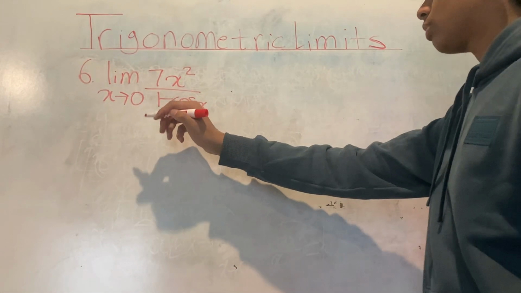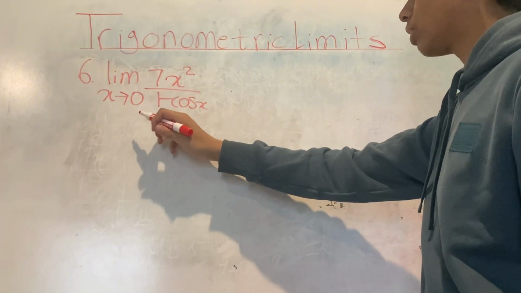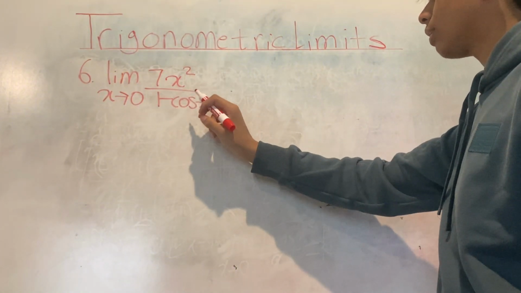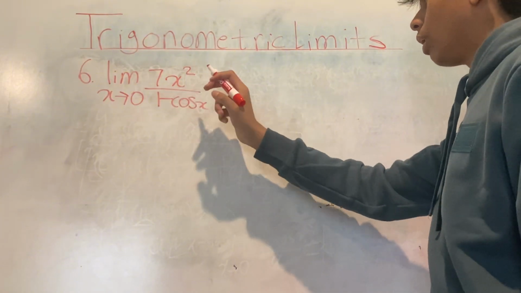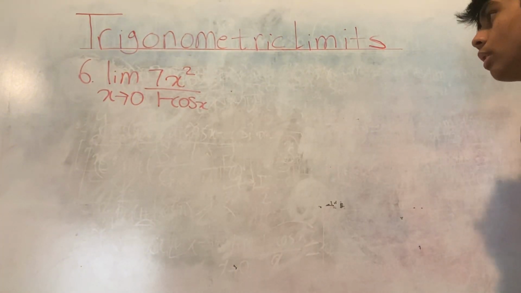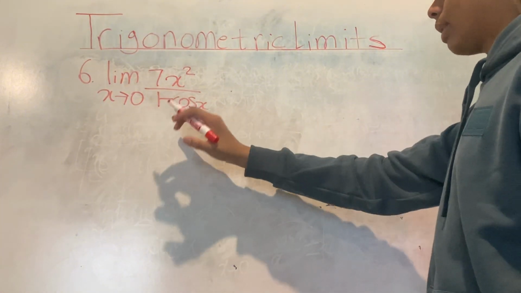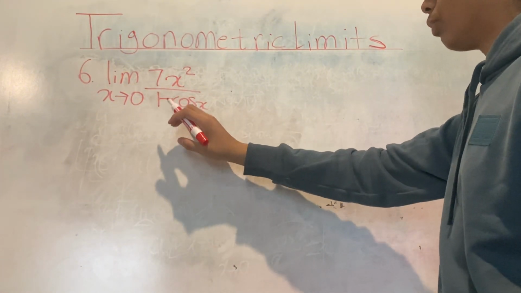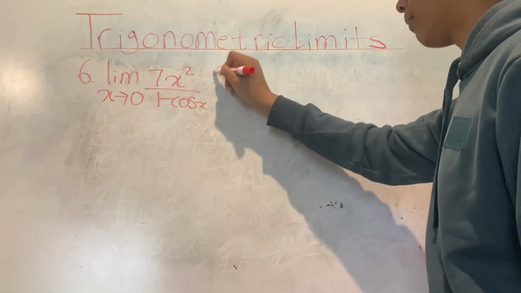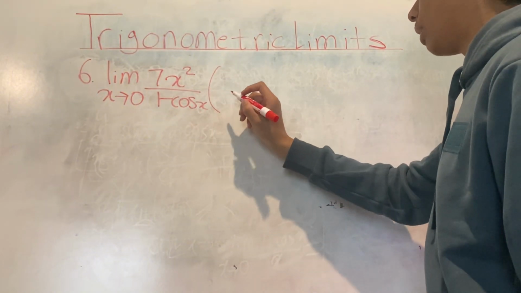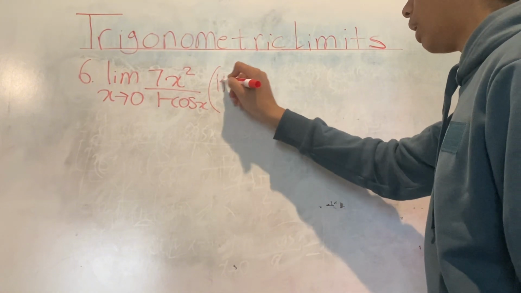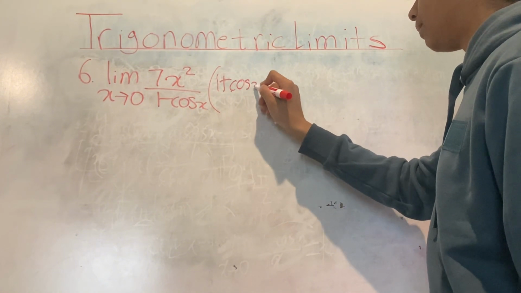Okay, so question 6, we have the limit as x approaches 0 of the function 7x squared over 1 minus cosine x. So again, we have 1 minus cosine x in the denominator. So what I want to do is multiply the numerator and the denominator by 1 plus cosine x.